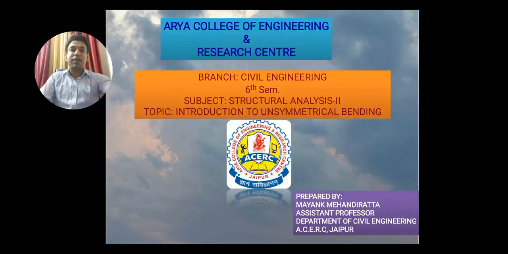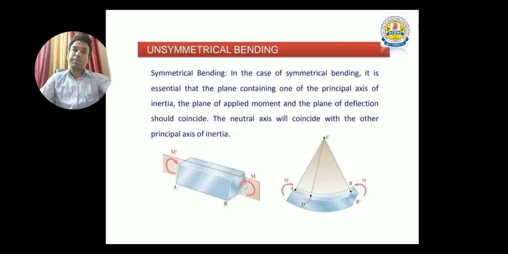Before starting unsymmetrical bending, let us first discuss what is symmetrical bending. Symmetrical bending is when a certain moment is applied on a plane, then the plane of the applied moment and the plane of the deflection occurring due to the moment should coincide with the principal axis of inertia.